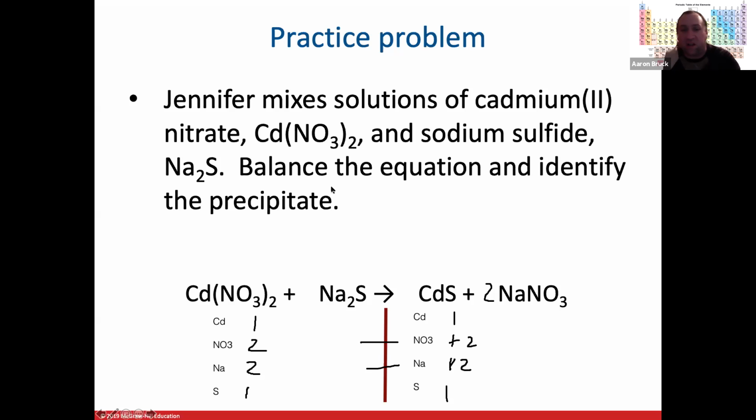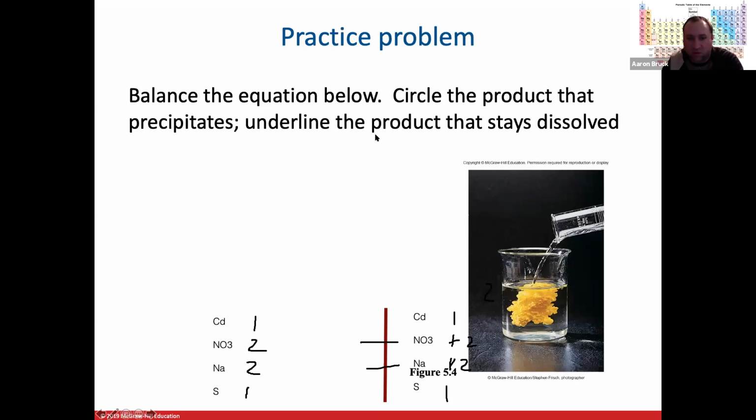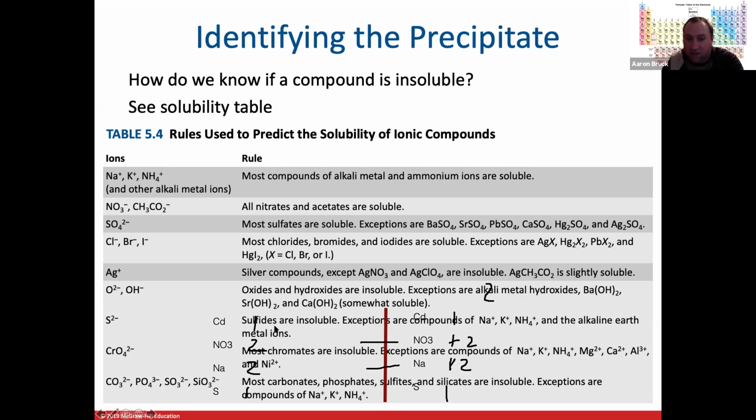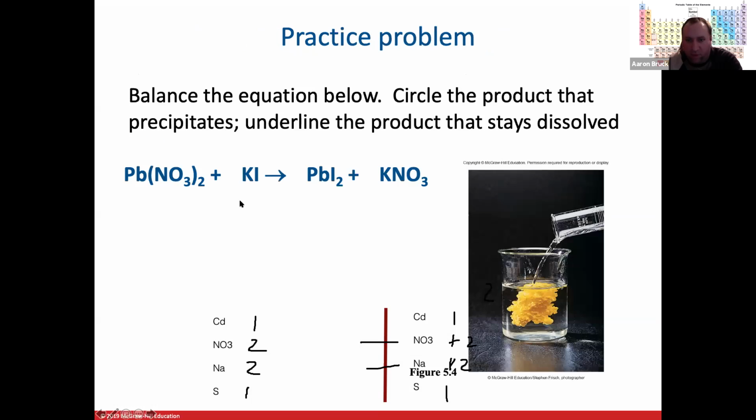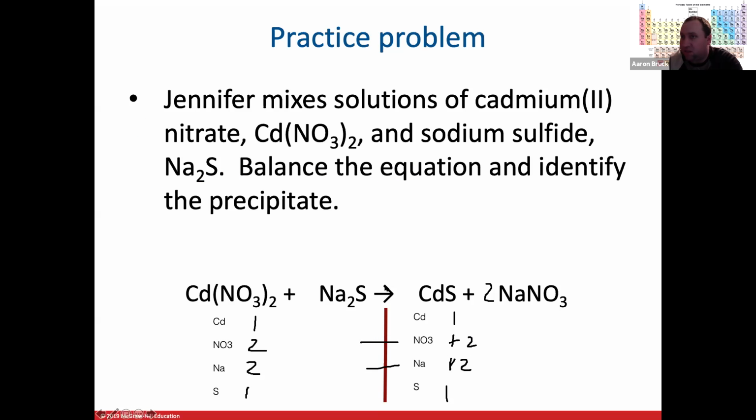Now, as far as identifying the precipitate is concerned, again, we go back to our solubility rules. Our solubility rules tell us that sulfides are usually insoluble. The only times that they are not is if they're with an alkali metal or an alkaline earth metal. Cadmium is neither. Cadmium is a transition metal. The precipitate then has to be the cadmium sulfide.